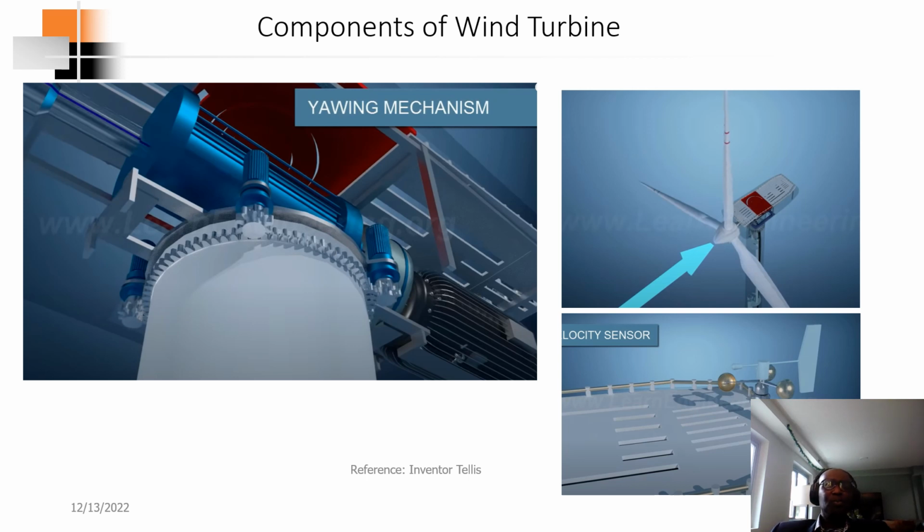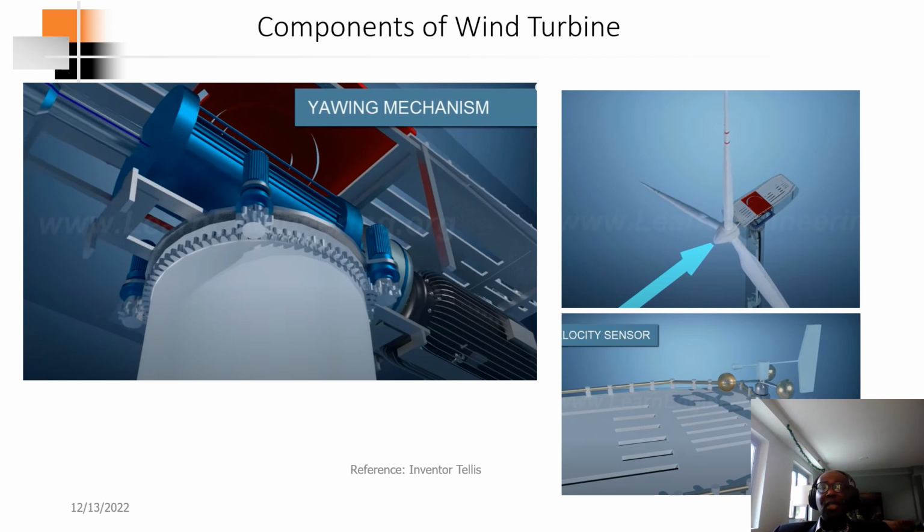Okay, so if you have a wind turbine in operation, you can see the wind direction moving in this direction, and let's say the wind direction changes, right? So you have wind direction and speed sensors, velocity sensors over here, that sense the direction of the wind.